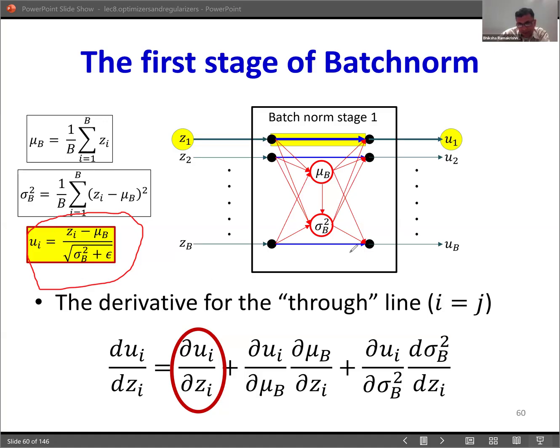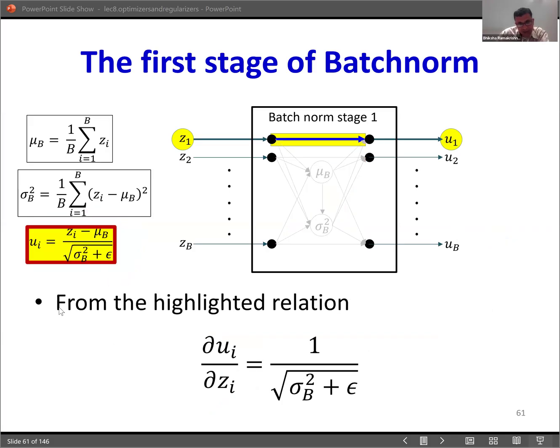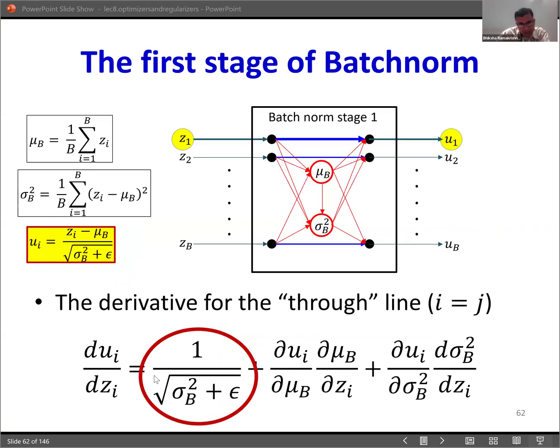For this edge, it's 1 over the square root of sigma squared plus epsilon. Perfect. So we've already got this first term. Amazing. Let's put that in.